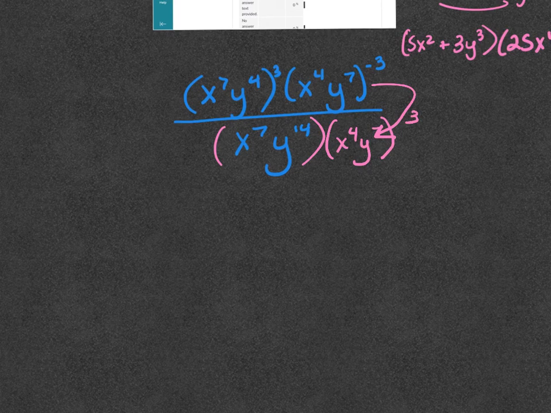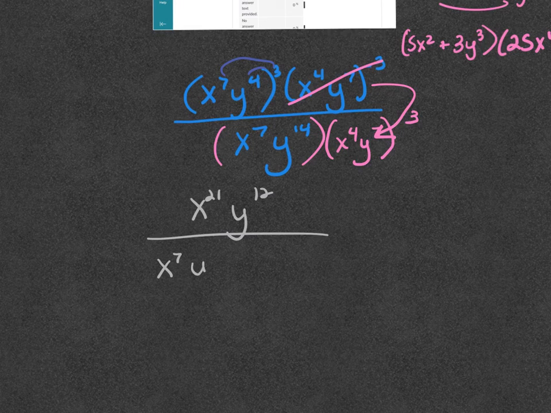Now it's a positive 3, so that one moved. Then you can distribute. So I would have said x to the 21st, y to the 12th, over x to the 7th, y to the 14th, times distribute x to the 12th, y to the 21st.